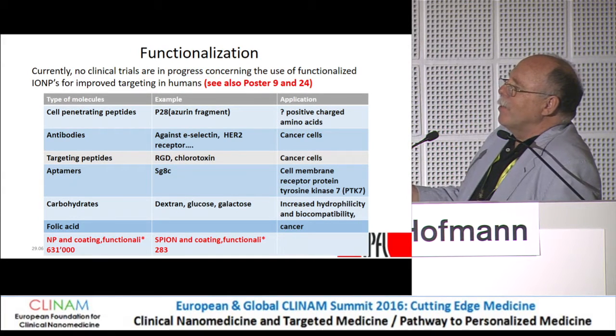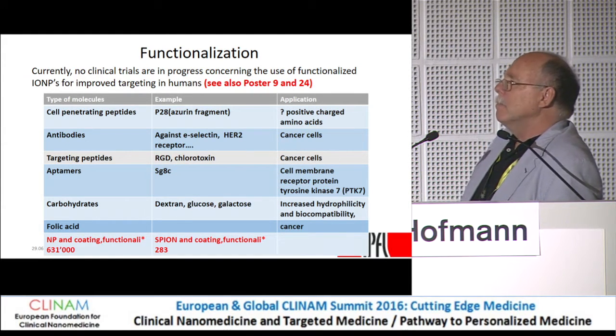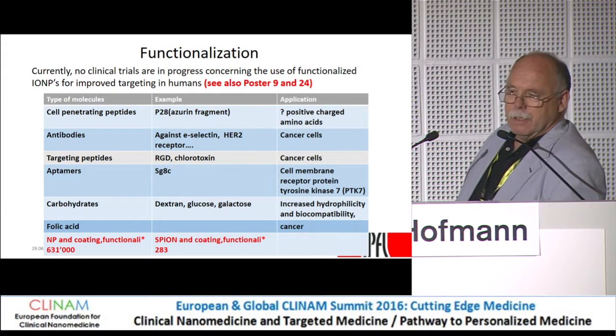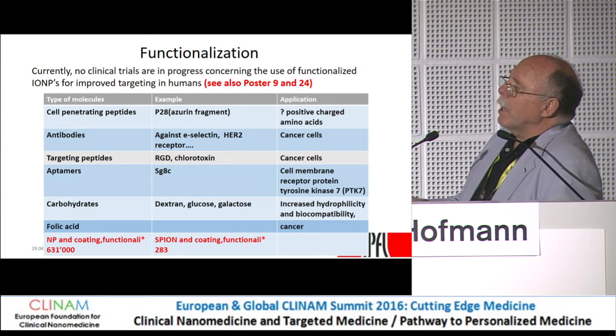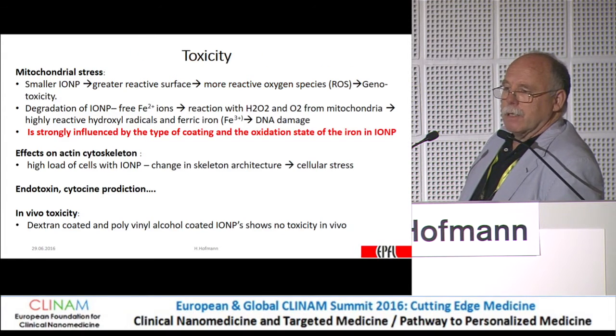Interesting is to see, if you go in the literature, nanoparticle and coating functionalization is more than 500,000 papers. If you look at SPION, the superparamagnetic iron oxide nanoparticle, and coating functionalization, we have only 280. So still there's a lot of work to do to understand what happens with these particles.